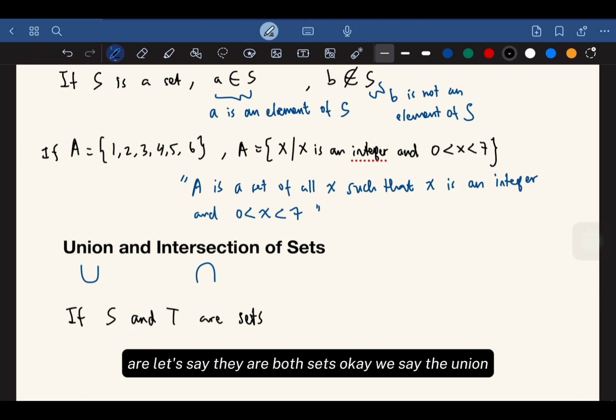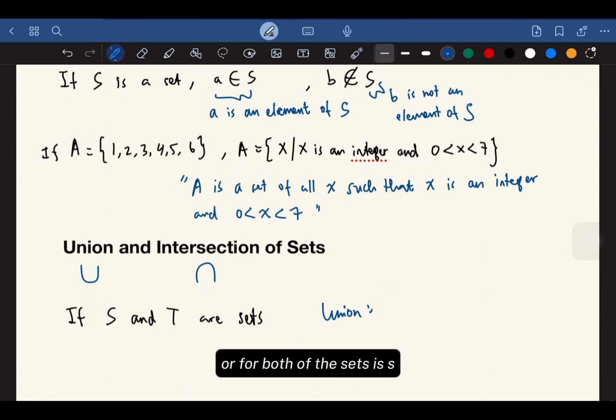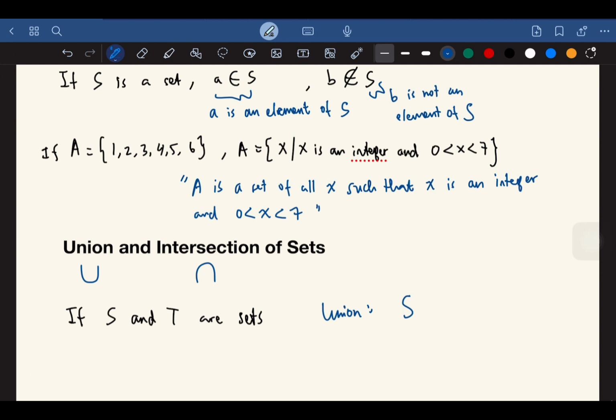The union of both sets is S union T. What does it mean?